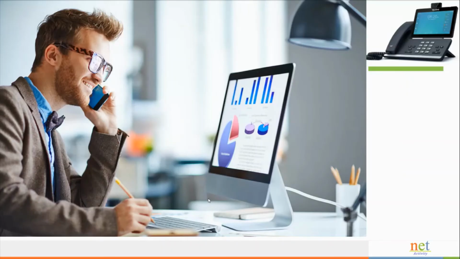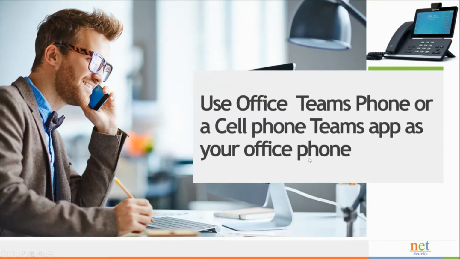Be it you're at the office using the office phone, or you are traveling or outside and use your phone, the cell phone app allows you to make calls, receive calls from your office line. And if you make a call through the Teams phone from your cell phone, it allows you to use your office number.